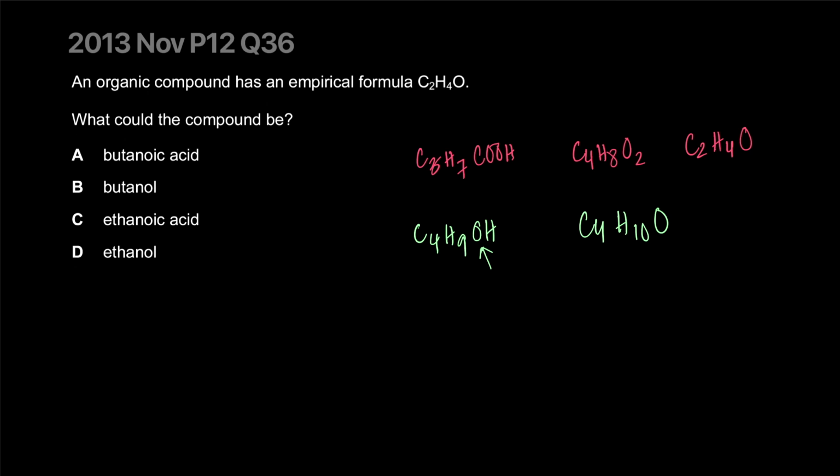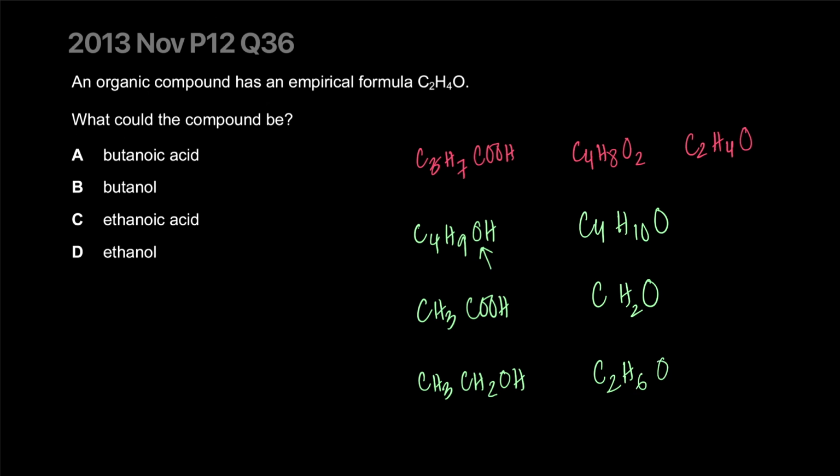Ethanoic acid is going to be CH3COOH, which simplified is just CH2O. Ethanol is going to be CH3CH2OH, just C2H6O. I can't simplify it further. So yeah, A is our answer.